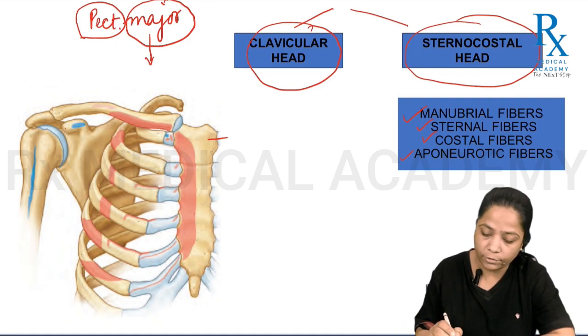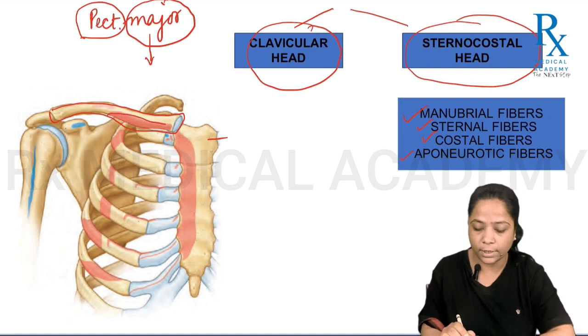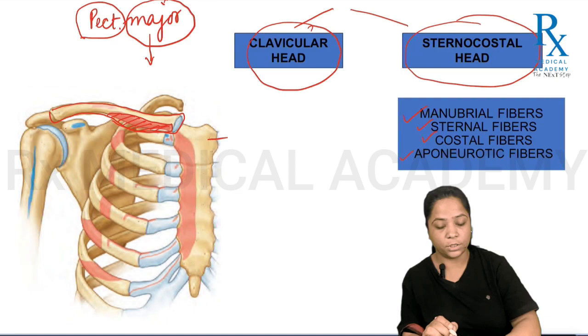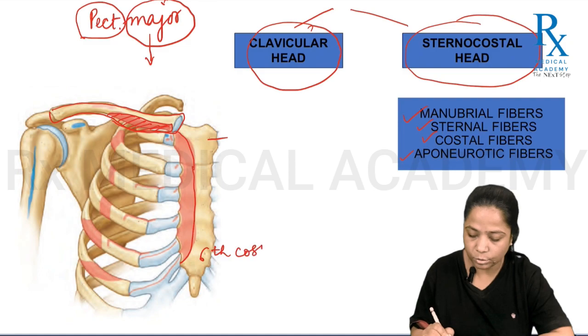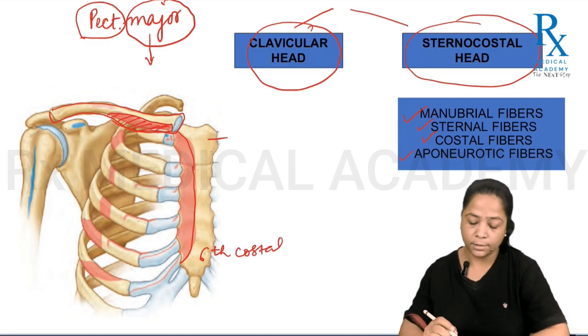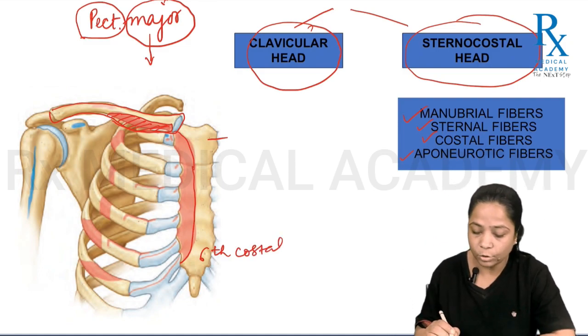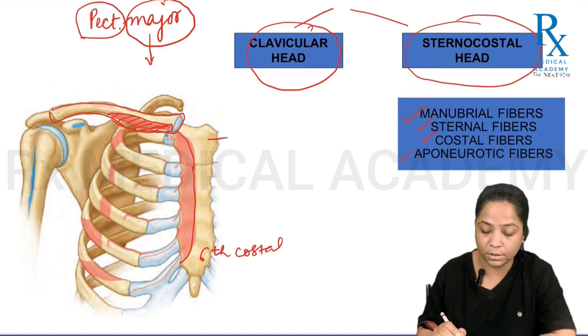So we see the clavicular head first. This bone is your clavicle. On the medial aspect of the clavicle, on the anterior surface, arises the clavicular head of the pectoralis major muscle. Then from the anterolateral part of the manubrium and the anterolateral part of the body of the sternum, up to the sixth costal cartilage, arises the sternocostal head of the pectoralis major muscle.